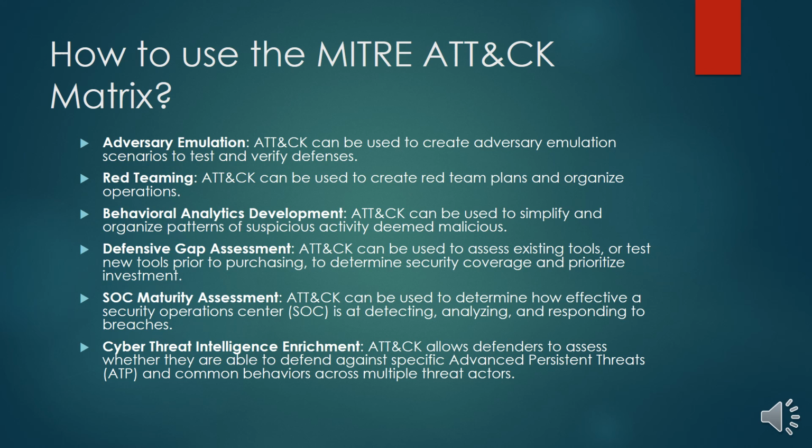So ATT&CK can be used to create adversary emulation scenarios to test and verify defenses. And then it can also be used for red teaming. Red teaming acts as an adversary to demonstrate the impact of a breach. So ATT&CK can be used to create red team plans and organize operations in the way the attacker or hacker would attack the system.